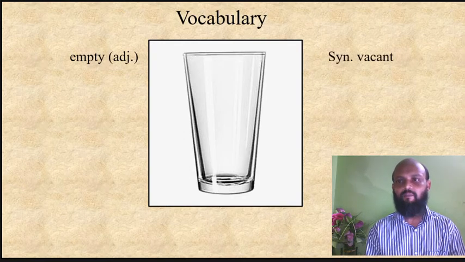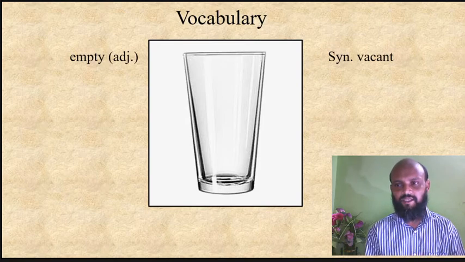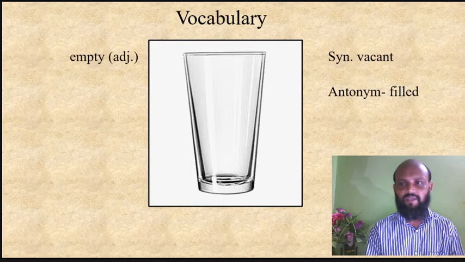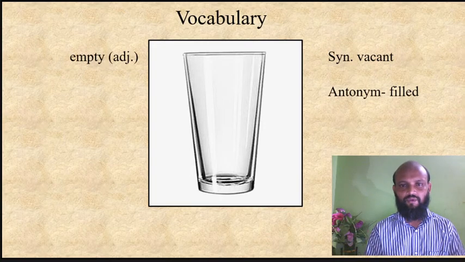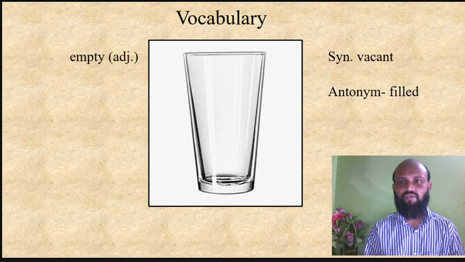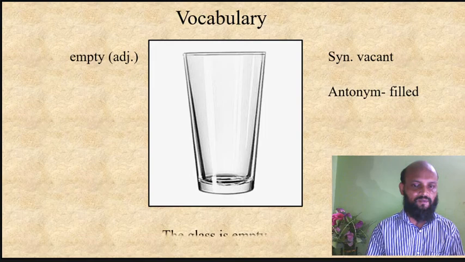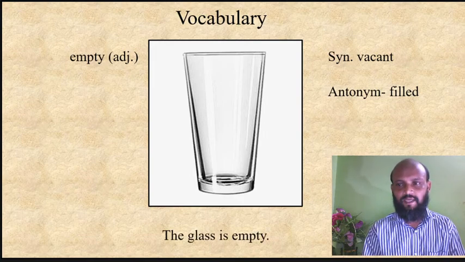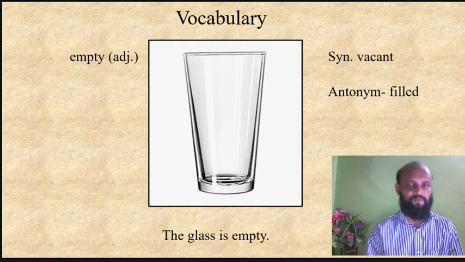The synonym is vacant, and the antonym is filled. If you fill the glass with water, you can say filled. Now make a sentence with this word: the glass is empty.